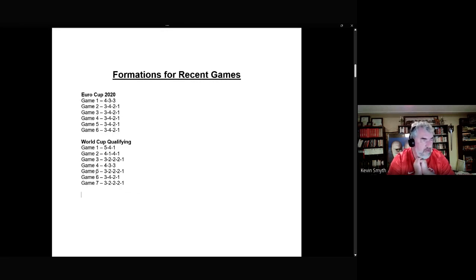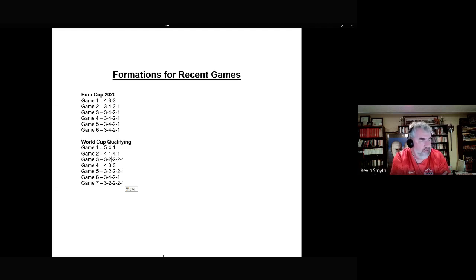However, it looked more like a 3-2-2-2-1, if you will. So just kind of separated upfield. If you think about it, the 3-2-2-2-1 is pretty similar to the 3-4-2-1, just with the midfield kind of separated into defensive midfielders and wingers.